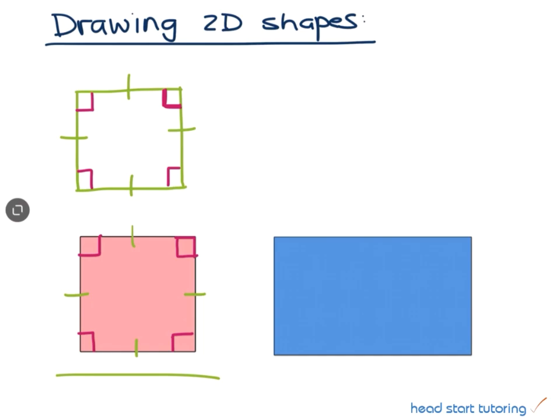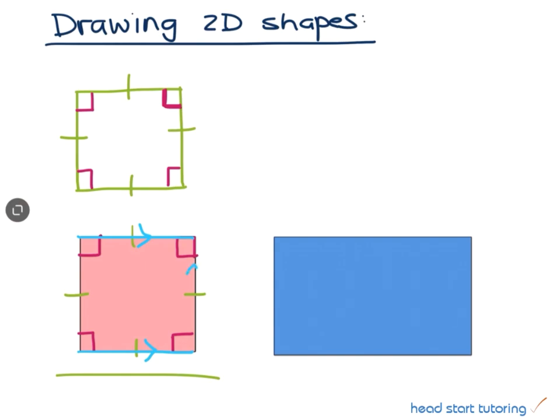What we need to do now is indicate parallel lines. So we know that opposite sides are parallel in a square. So we put those little arrows there to indicate that this side and this side are parallel to each other.